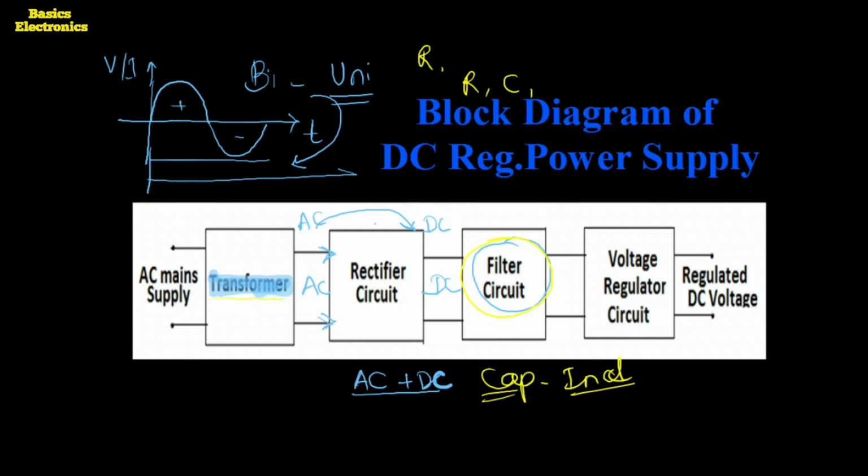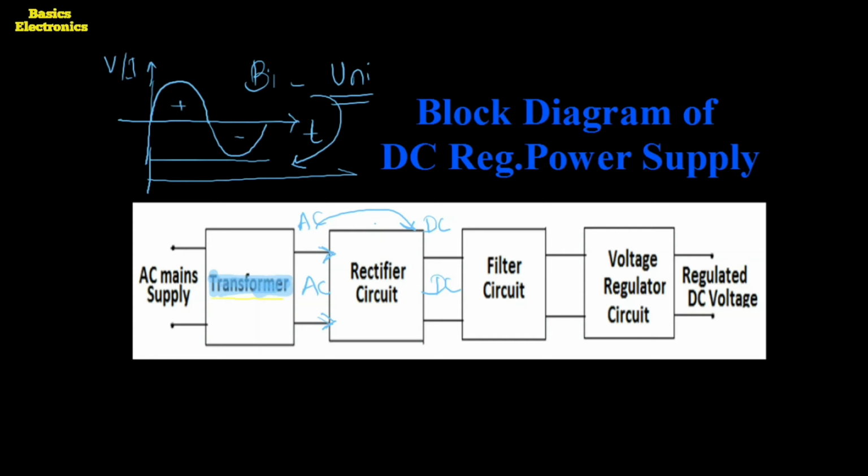Okay, so here the output of the rectifier consists of the AC component. We have to remove this unwanted AC component. To remove it, we require to use one circuit. That circuit we call a filter circuit.